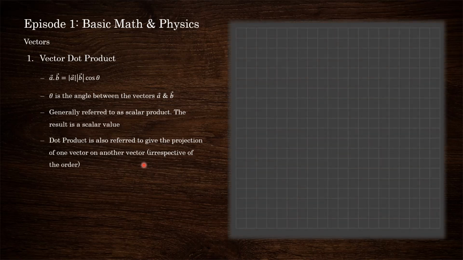Let's bring our workspace back. Let me draw a vector A. Let's draw another vector B. Let's first get an angle, or let's extend these first. Yeah, let's say that is the angle.